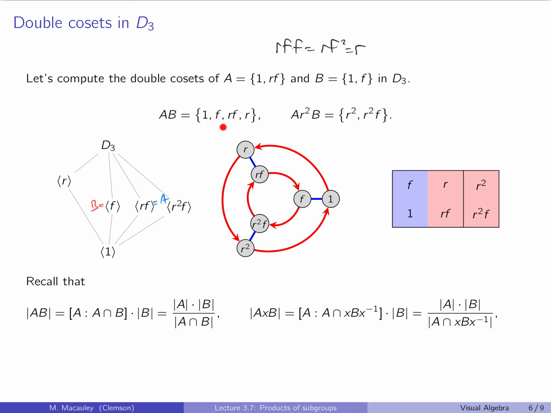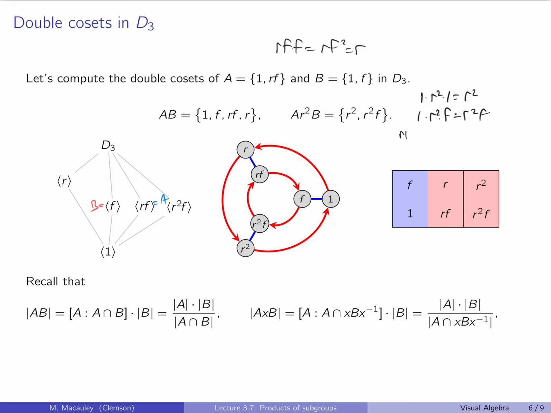To find the other double coset, take something that's not in here, let's say R squared, and write A R squared B. Now this is all things of the form something in here times R squared times something in B. So let's write this out. This is 1 times R squared times 1 equals R squared. 1 times R squared times F equals R squared F. Then let's take RF times R squared times something in here.